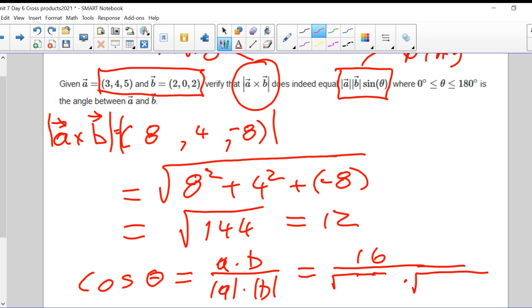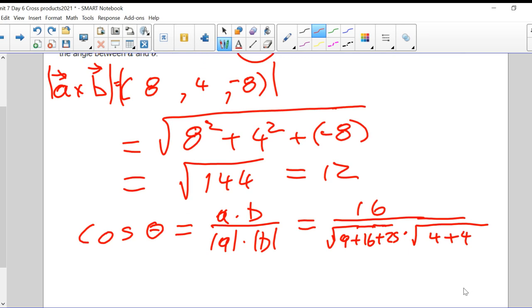So the first is the square root of 9 plus 16 plus 25, and the second is going to be the square root of 4 plus 4. I need your help with this, folks. Is it the square root of 50?